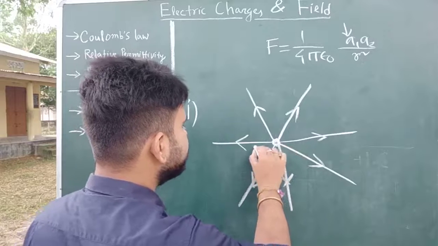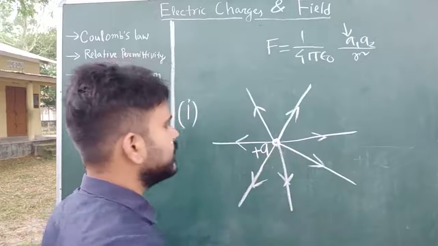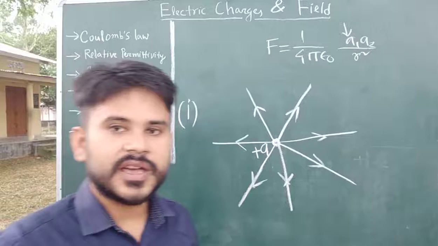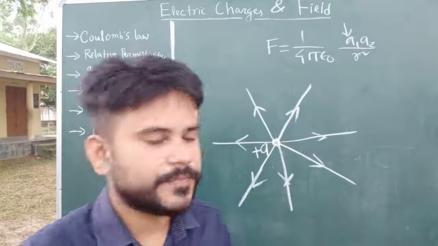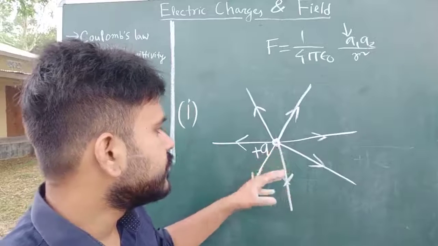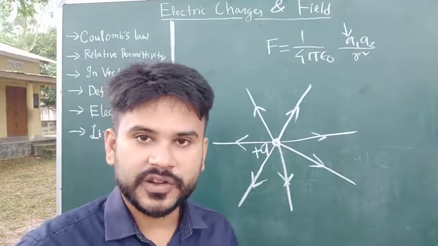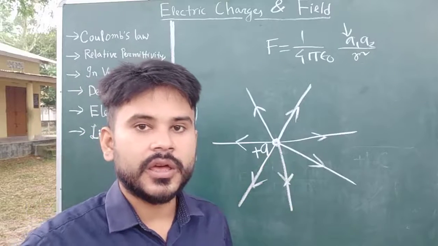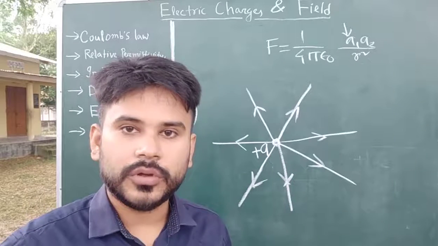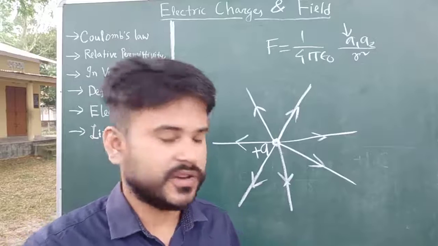Suppose the source charge is plus Q. Then what is the definition of electric field? The definition of electric field was the force created by the source charge on a plus 1 coulomb amount of charge.